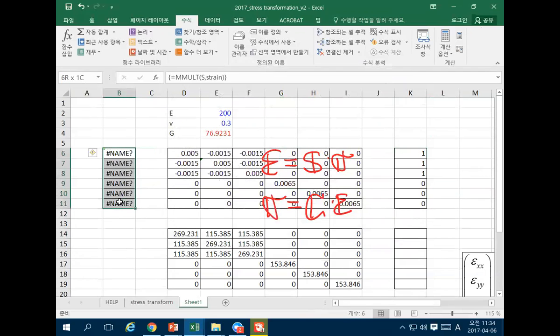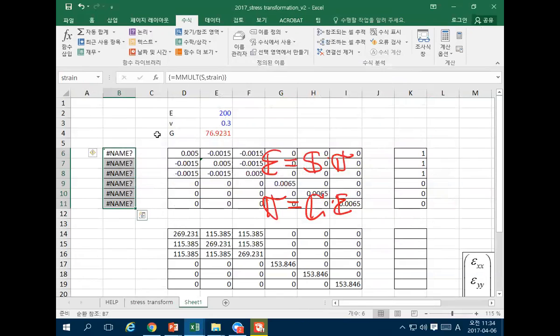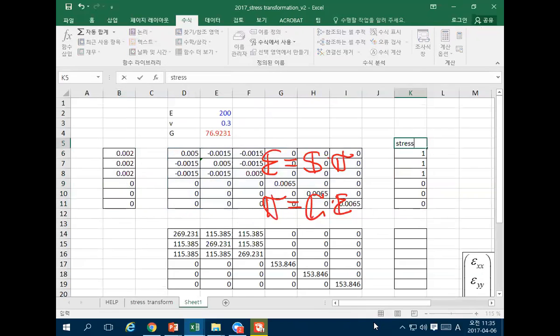And this one is the strain. 그렇죠. Okay. Thank you. So this one, let's call stress. So this one, I will just write down here, stress and strain. Okay.